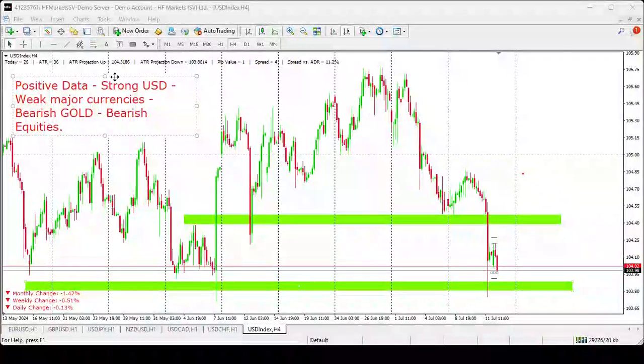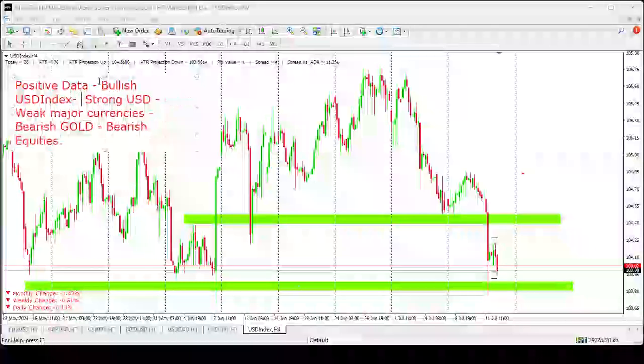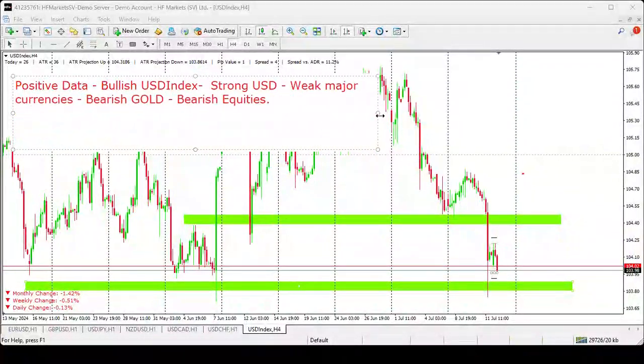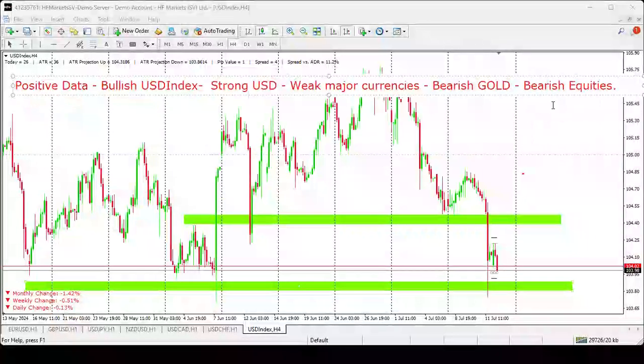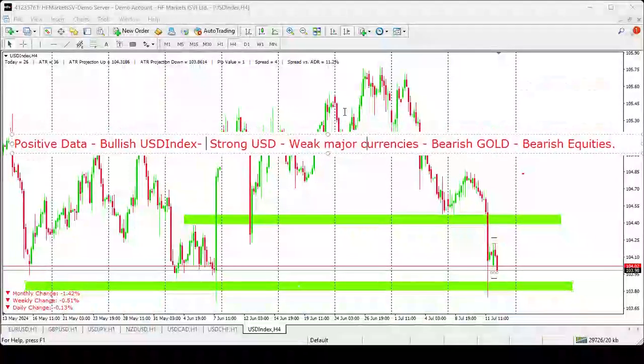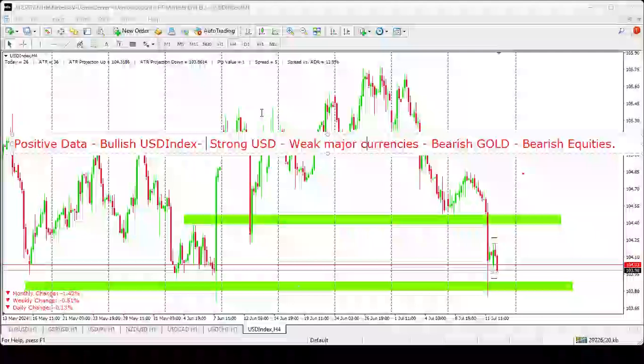Let me add something here. Positive data, bullish USD index. Look at a complete chain of events. A positive data should generate some bullish reactions on the USD index. Please don't forget, the USD index can also be traded.